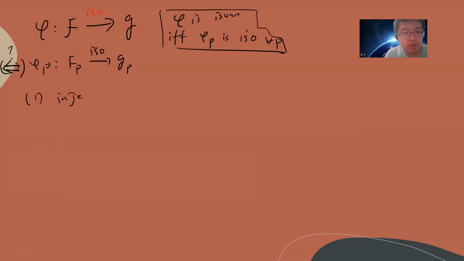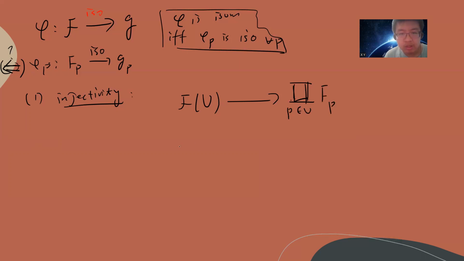The first one is injectivity. Injectivity is not quite trivial, but you can use another result that I previously proved. You can check out my other video called More on Stalks. In that video, I proved that if you start from F of U, you go to the product over P belonging to U of F_P, and then you go to G of U and the product over P belonging to U of G_P, then these two maps are injective.